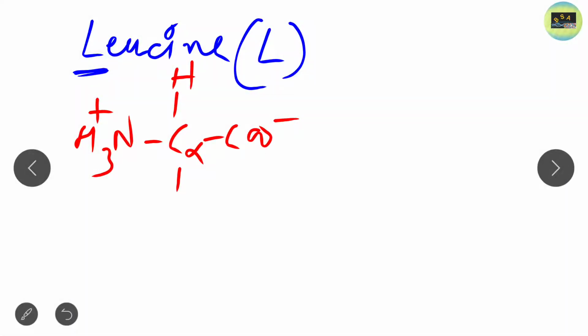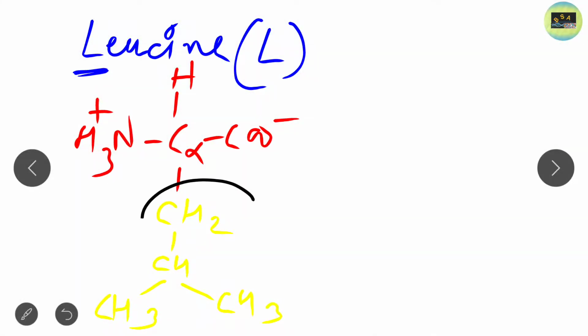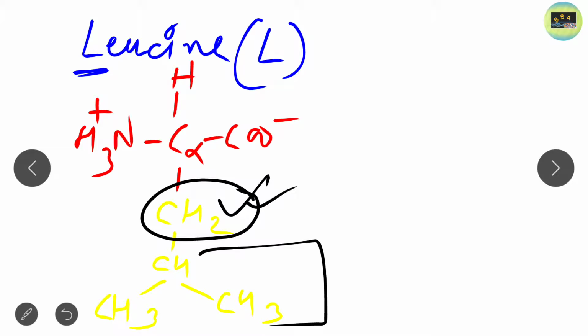So in valine we see CH and on both arms of CH, CH3. So in case of leucine, just put an extra CH2 and the whole structure is the same as that of valine. Clear? We just have to put an extra CH2 in case of leucine. Okay, so this is the structure of leucine. Single letter code is L.